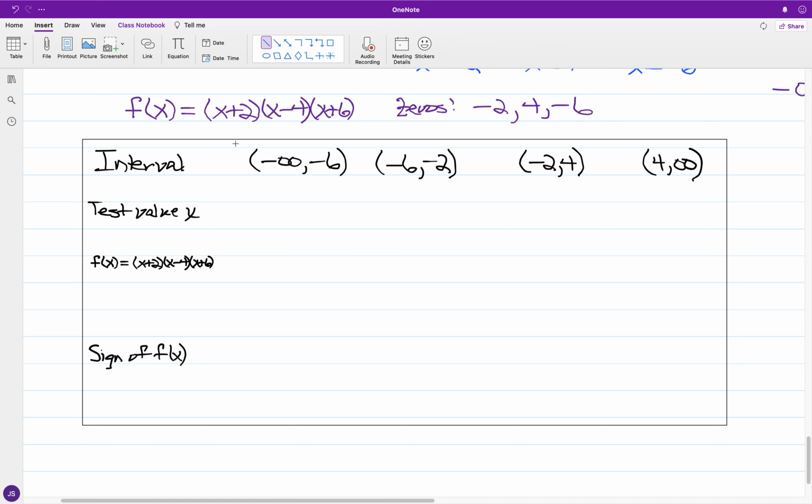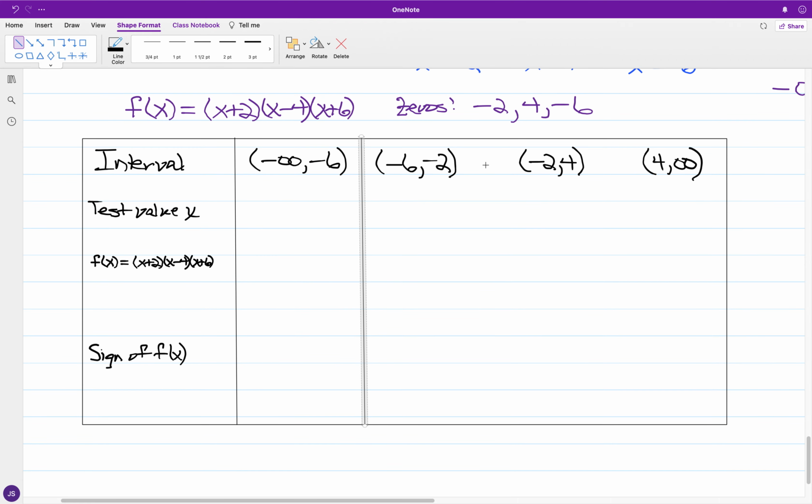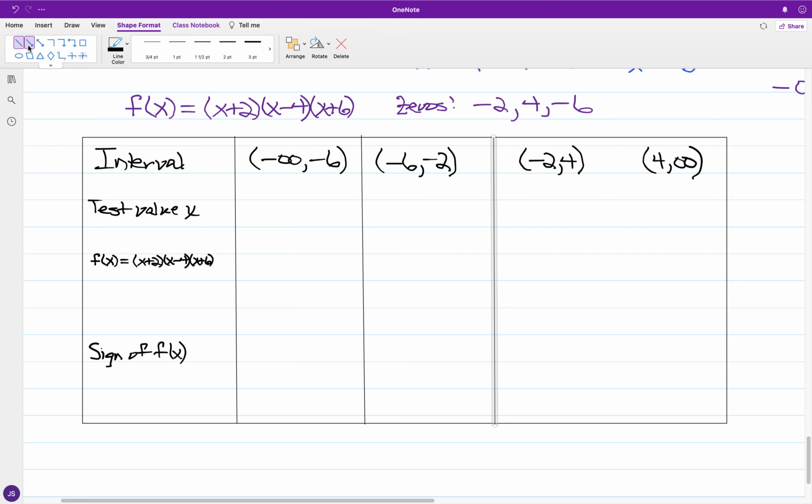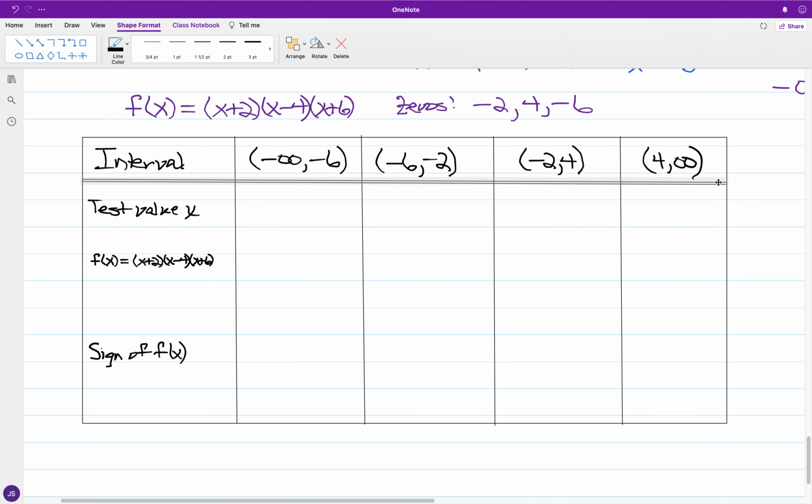Okay, so we have upon separating the interval sections and also the categories along each row. So we have among the input values that we can apply, for the test value x, for anything that is less than negative 6, we can select negative 7.